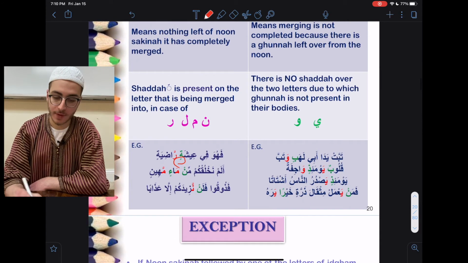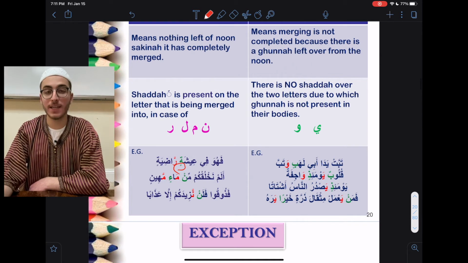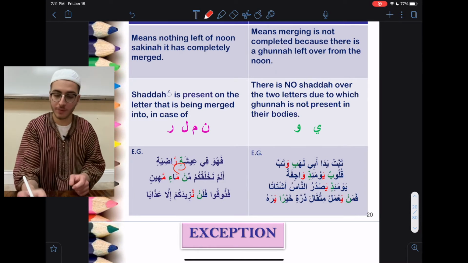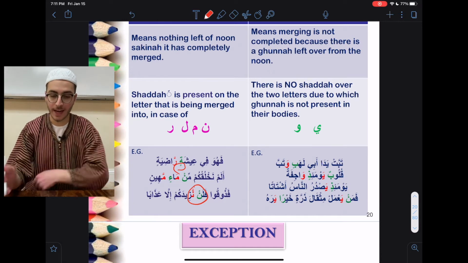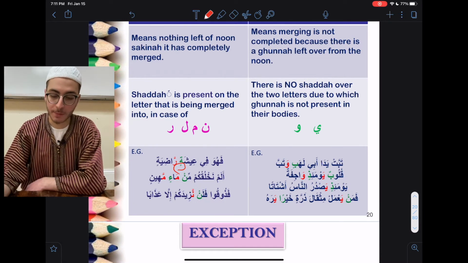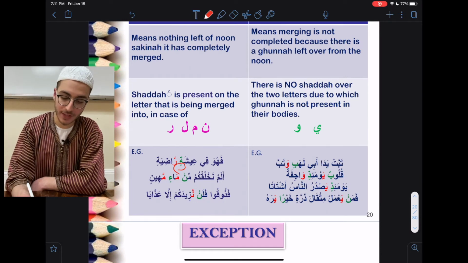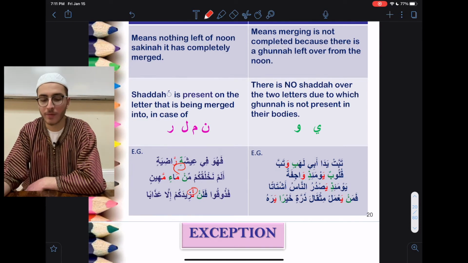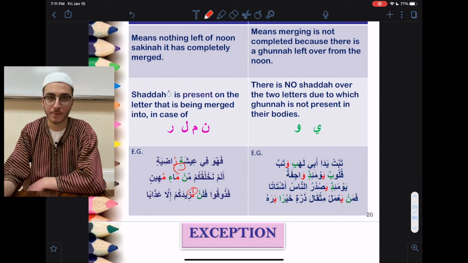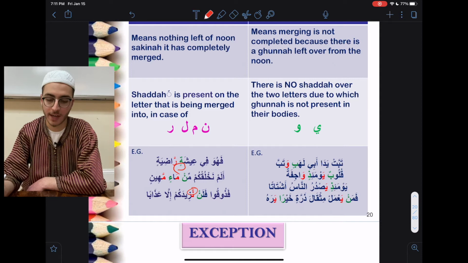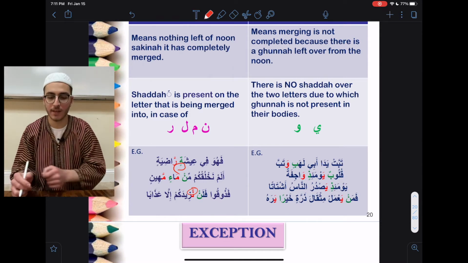And then the third example, falan nazidakum. So you're basically making the two noons that you see right here into one, and you're just making ghunnah. And you'll see in the mushaf that there's a shadda over that second noon. Now, if I wanted to start from there, nazidakum, do I say nazidakum? No. The reason why that shadda is there is to signify that there is idgham.